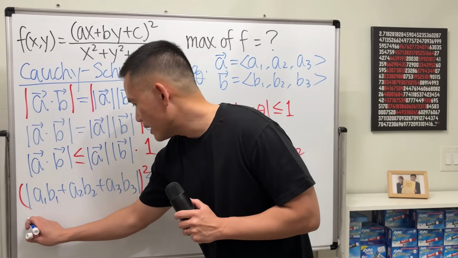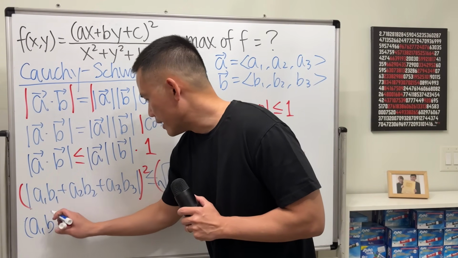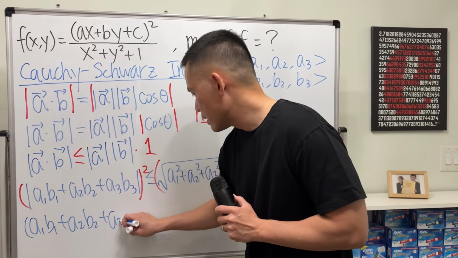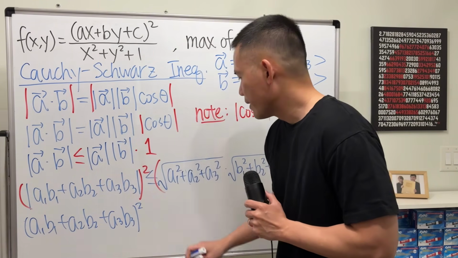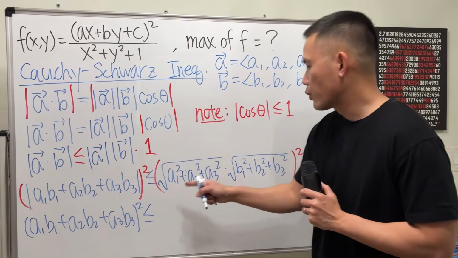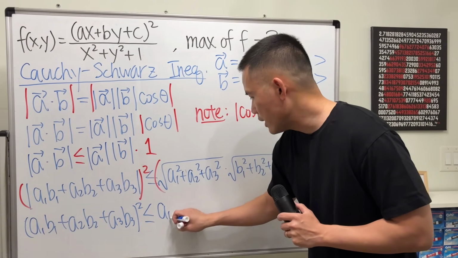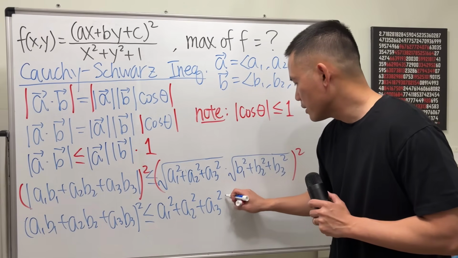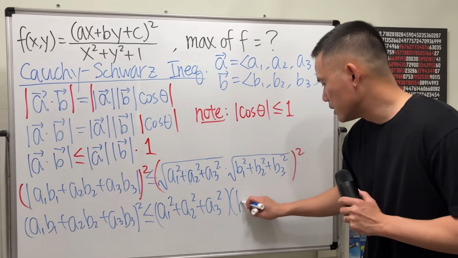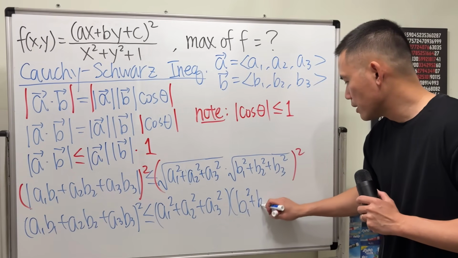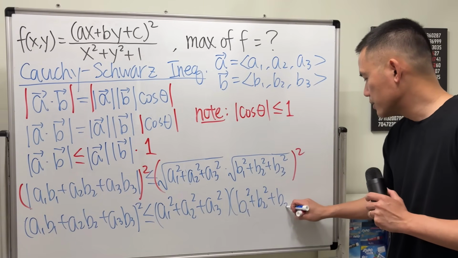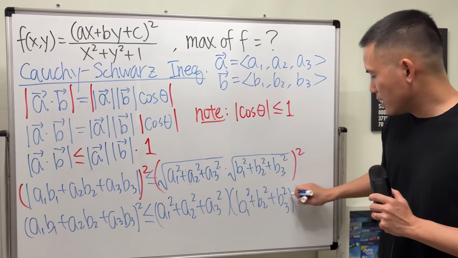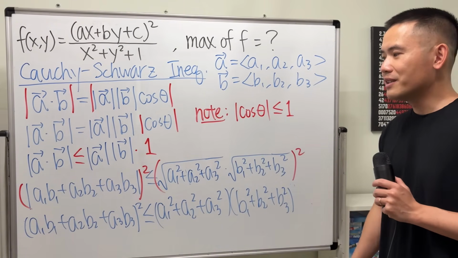We can just write parentheses, the inside, and then square. And that will be less than or equal to, square root and square cancel, so just A1 squared plus A2 squared plus A3 squared, and we multiply that with B1 squared plus B2 squared plus B3 squared. And that is pretty much the Cauchy-Schwarz inequality.